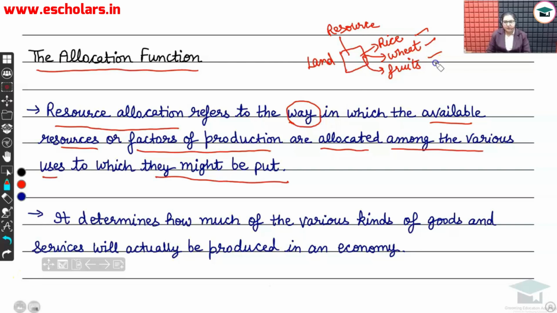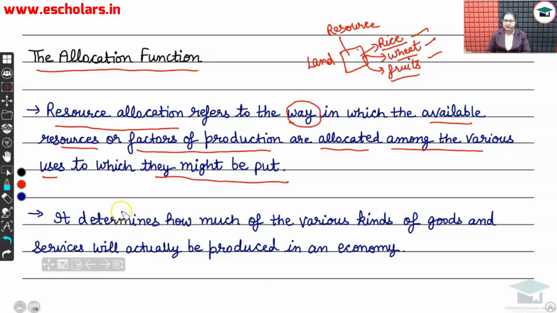And now the farmer will decide about how to allocate the land or distribute the land in order to produce rice, wheat or fruits. Or if he wants to use this land only for the cultivation of one crop, then he will take the decision about what to produce on this particular piece of land. That is, on land the rice should be produced, or wheat or fruits. Okay. So resource allocation is all about distributing the resource among the various uses to which they might be put.